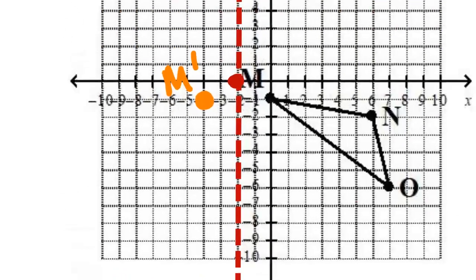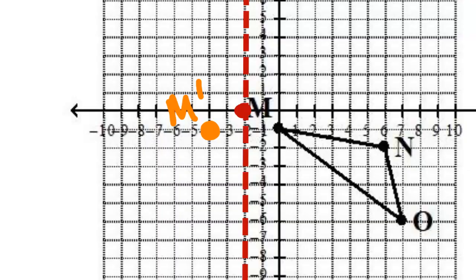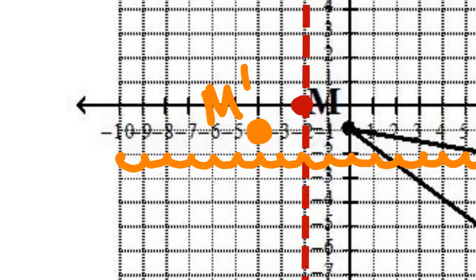We're going to do the same thing for N. We're going to figure out how many hops to get to the line, then we're going to go that many hops on the other side. So I go 1, 2, 3, 4, 5, 6, 7, 8 hops to get to the line. So 8 hops on the other side.